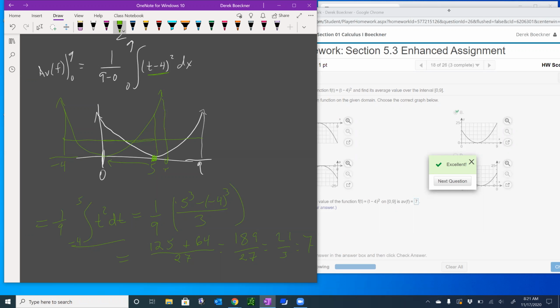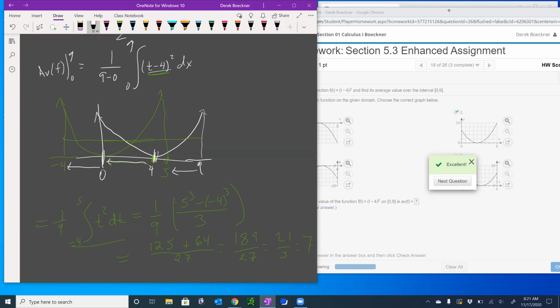This is where 5 is. But the vertex here was at 4. So to shift it, I had to move everything to the left by 4. So 9 to the left by 4 moves to 5. 0 to the left by 4 moves to -4. Is that clear? Yeah, I think that helps.